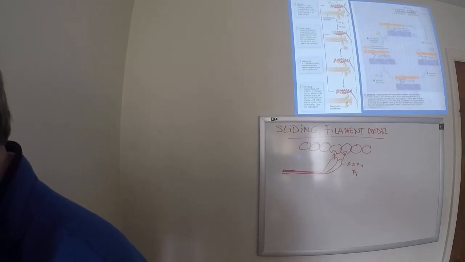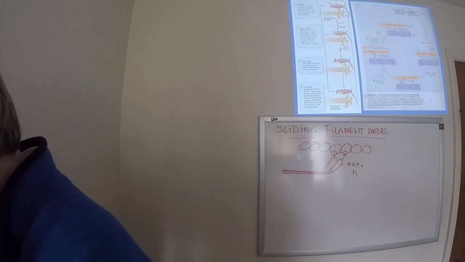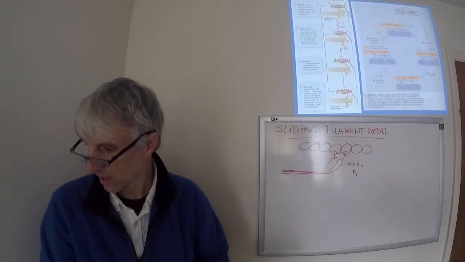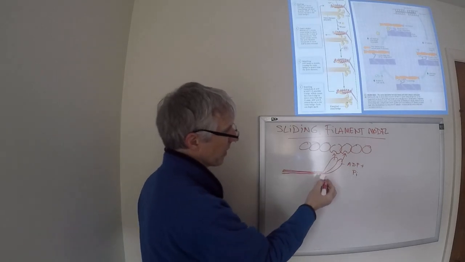All right, then I have some numbers here. You see my numbers here. All right, that thick filament, I made a mess of my notes. Each of the 350 heads of a thick filament.